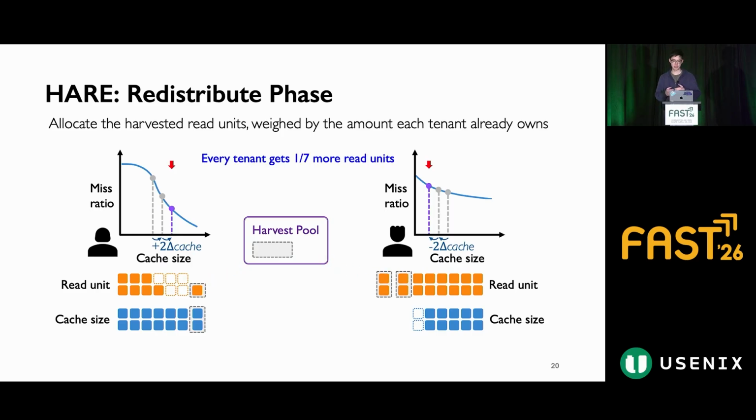After the redistribute phase, every tenant will get 1/7 more read units, and thus they will get a correspondingly increased throughput. This example is obviously an oversimplification where they only have one cache correlated resource. In our paper, we describe a complete version of HARE that supports multiple cache correlated resources, which is a full generalization of DRF. Feel free to check it out.